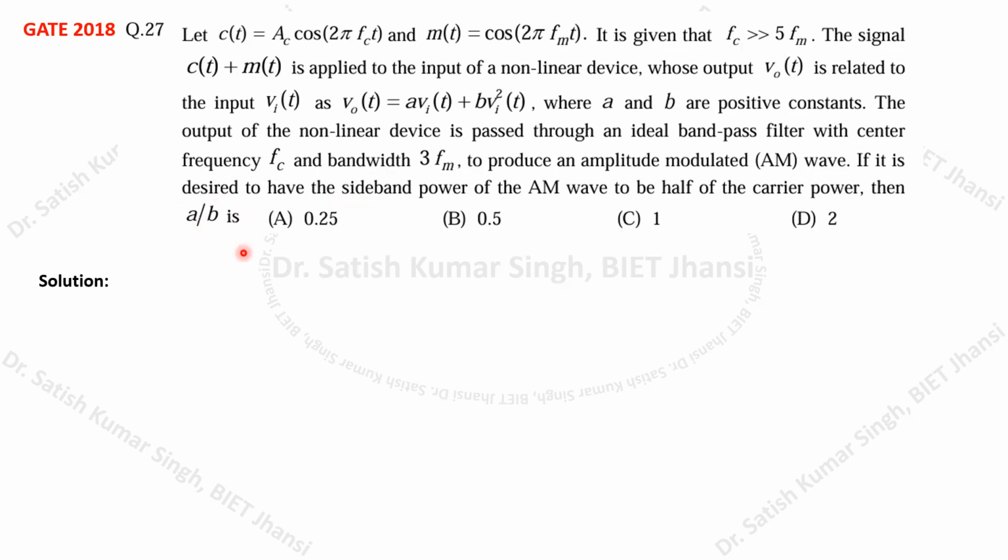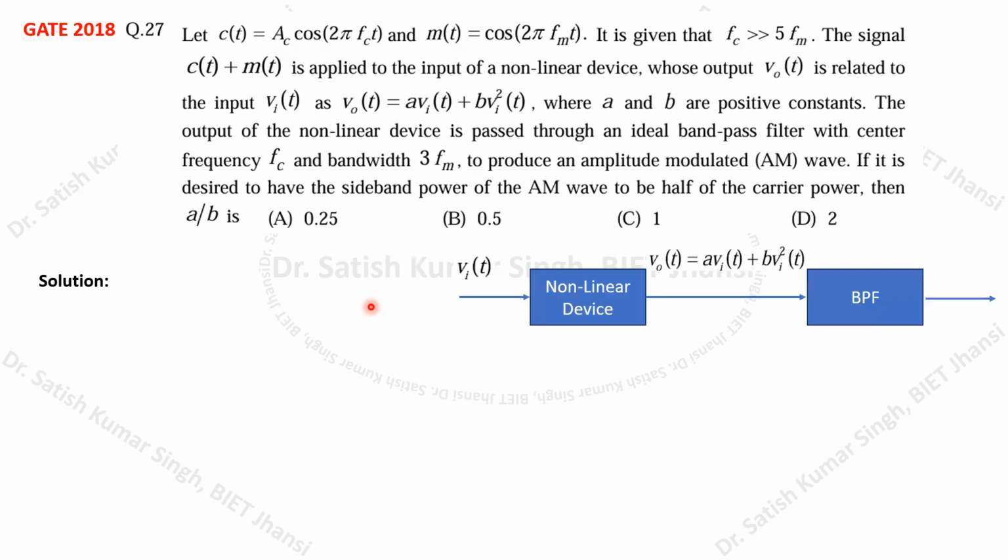Based on this problem, let's try to solve how to get this result a/b. As per the given problem, the carrier wave is given as c(t), and this is our message signal m(t) = cos 2πfmt. If we draw the block diagram, it will look something like this.